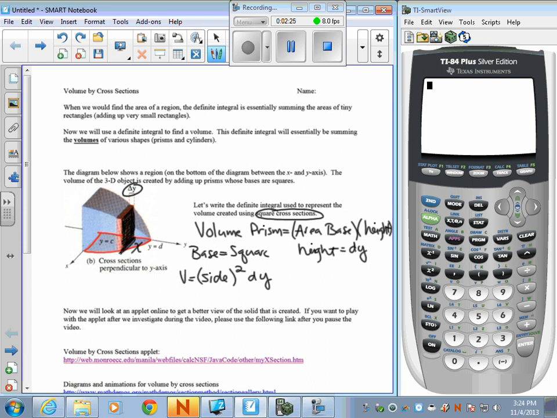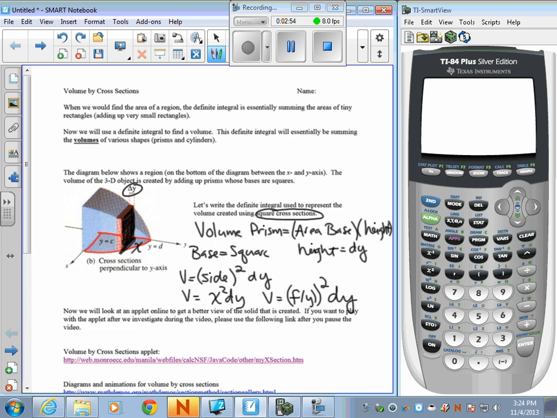I know that's difficult to tell, but we're going away from the y-axis, and that is in the x direction. So for us, the volume would be x squared dy. But x is actually going to be a function of y, so my volume is going to be f of y, a function in terms of y, squared, times dy.